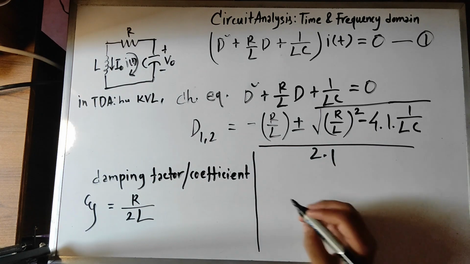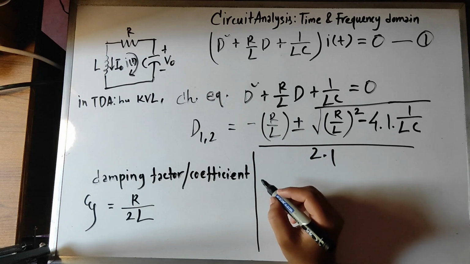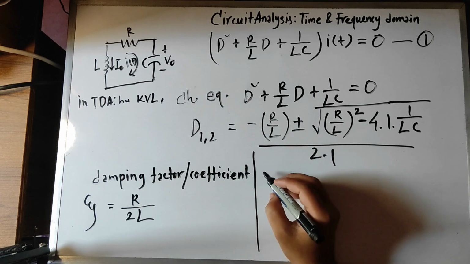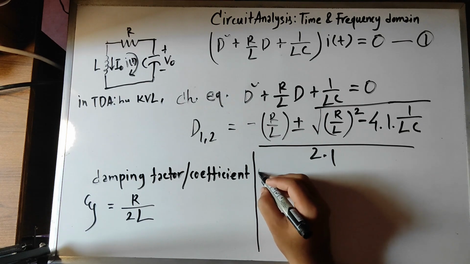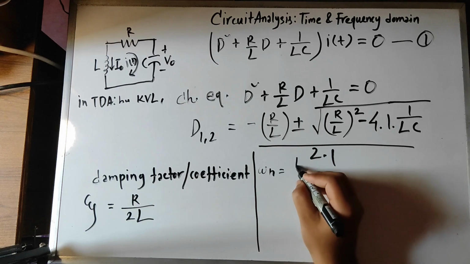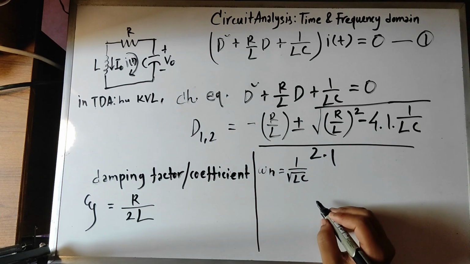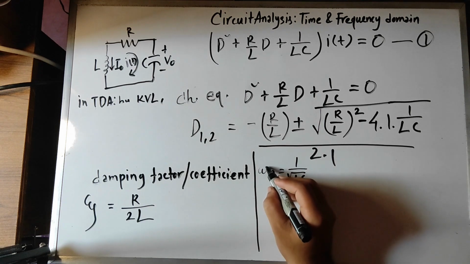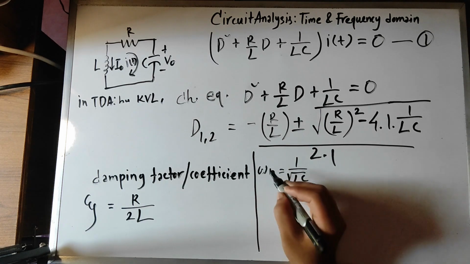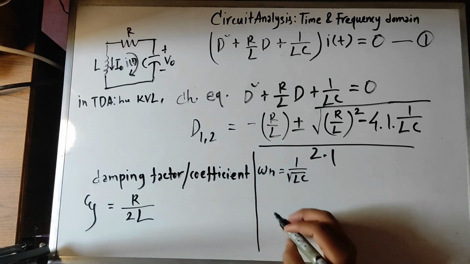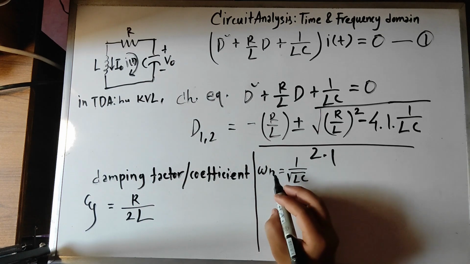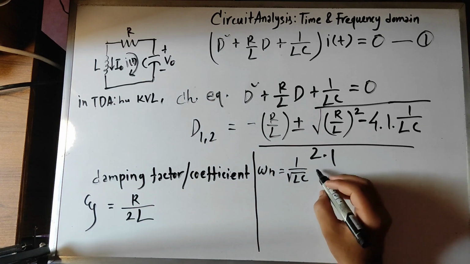And consequently, from the LC circuit we know the undamped natural frequency is omega n. So omega n is 1 by root over LC. So this is the undamped natural frequency.